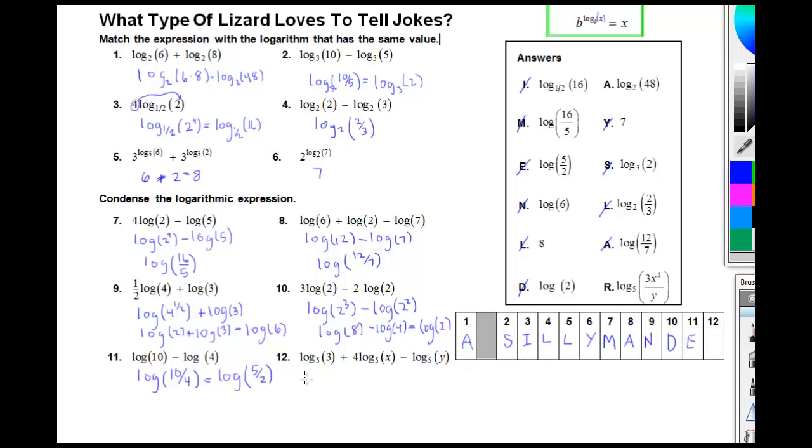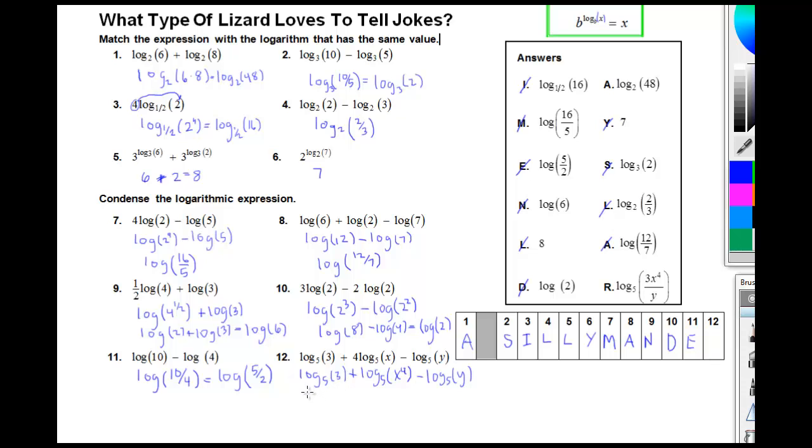And then the last one, we have another addition and subtraction problem, but the first thing you need to do is get the coefficient up as an exponent so that you can use the other log rules. Why those 4s don't come out looking like 4s. Here we go. X to the 4th minus log base 5 of y.